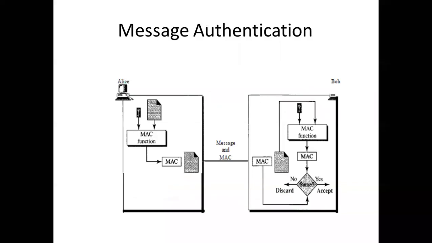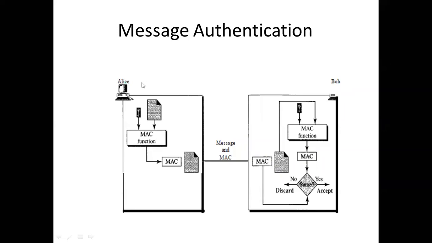For example, if I have sent a message to my friend, let's call her X, then when I send that message, X should become sure that the message has come from Asmita only. Like in this diagram, suppose Alice has sent a message and Bob wants to be sure that it has come from Alice only. Because on the network, anybody can do anything to the message.